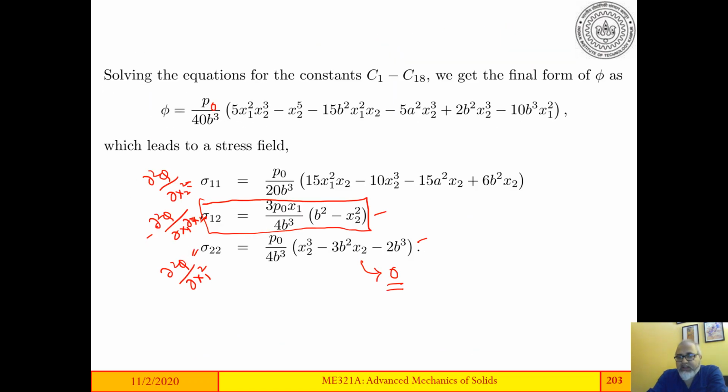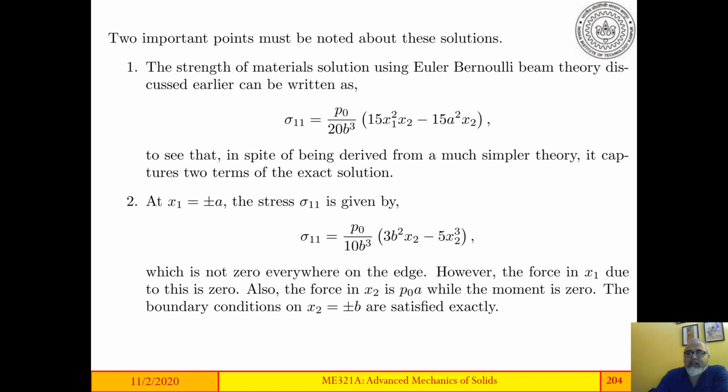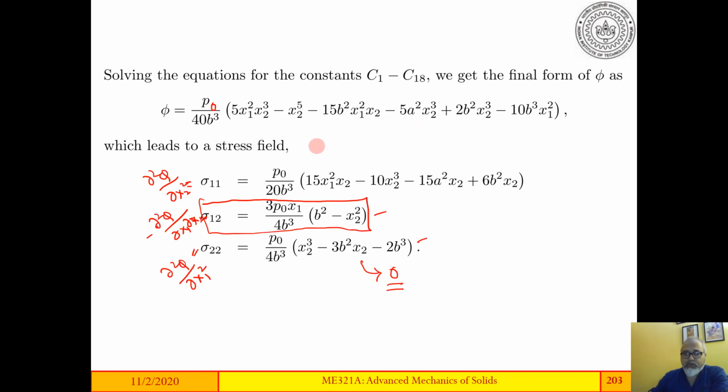Sigma 1 1 is not exactly the same, but if you scale the terms, you will see that out of the four terms here in sigma 1 1, two terms were already there in the Euler-Bernoulli beam theory.